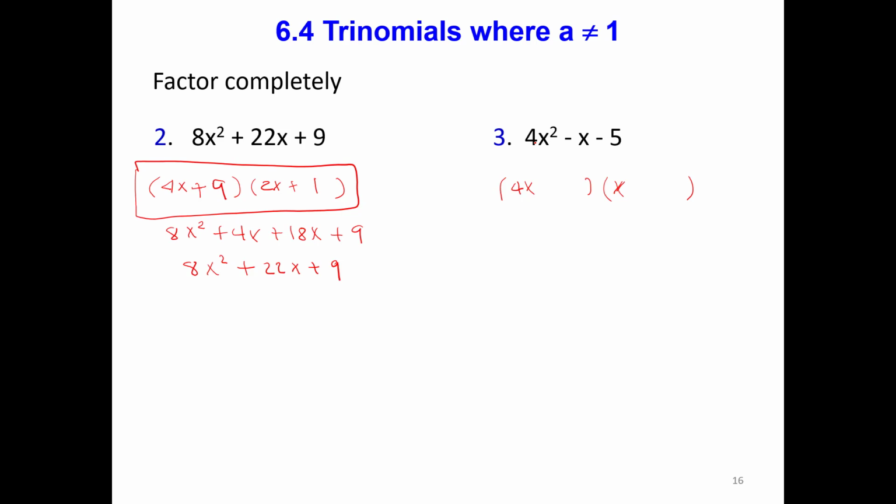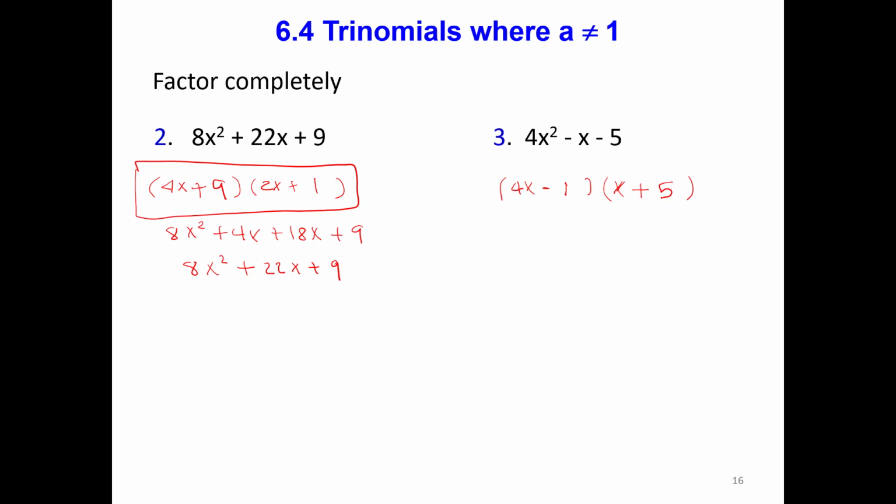Let's see if that works. Negative times negative is positive. Remember, we multiply the signs, negative times negative, to get positive. And now we need to get two numbers that multiply to 5. Then the numbers can be, for example, 1 and 5. Yes, 1 times 5.